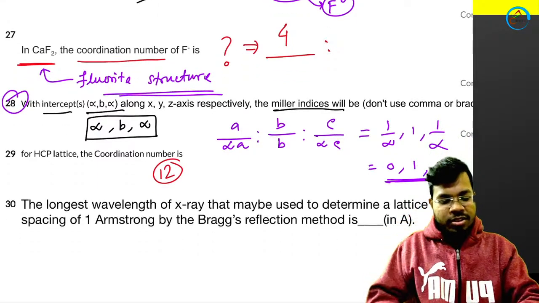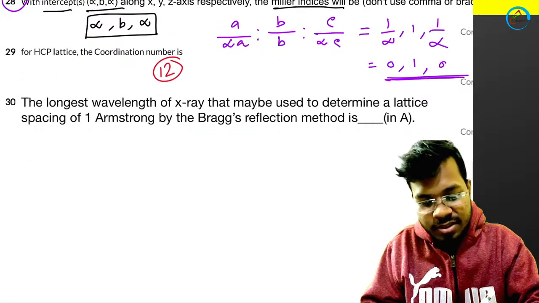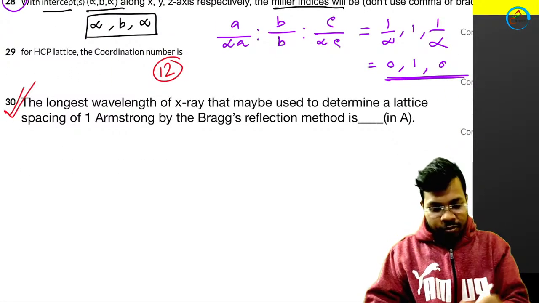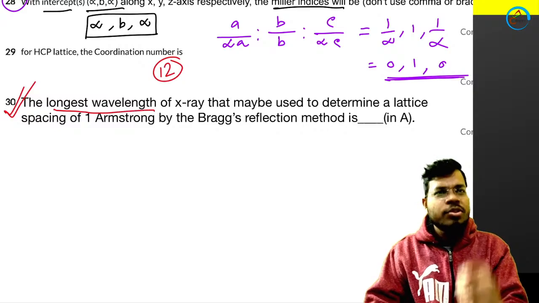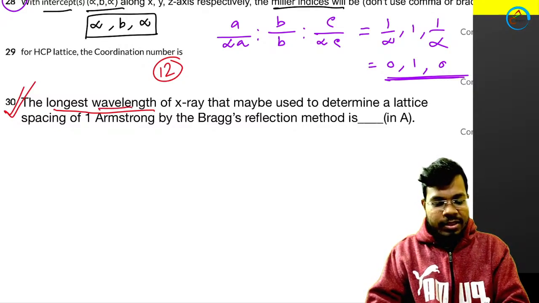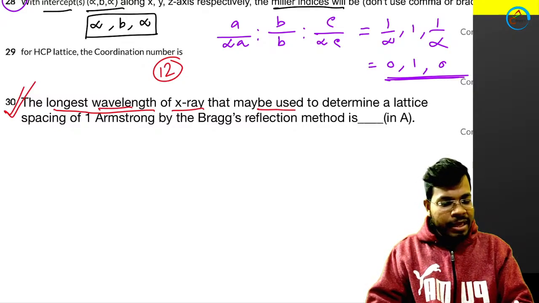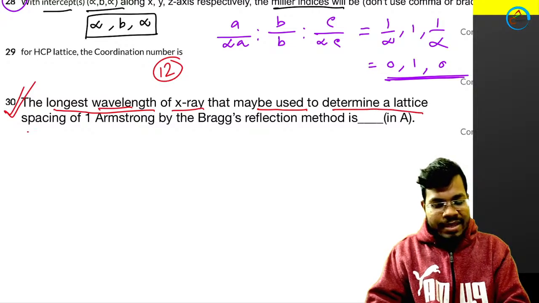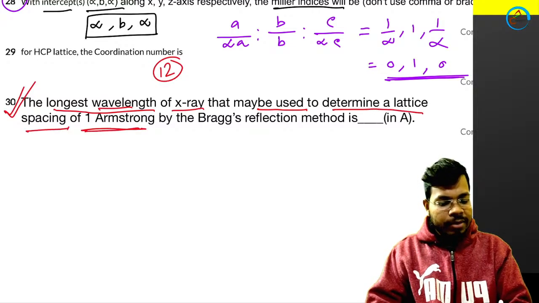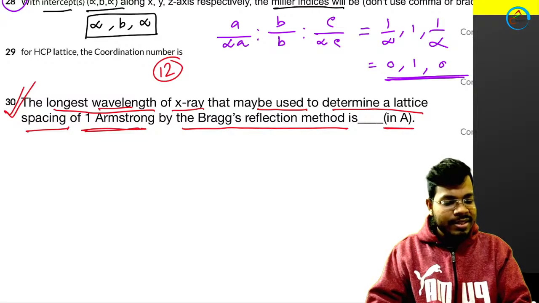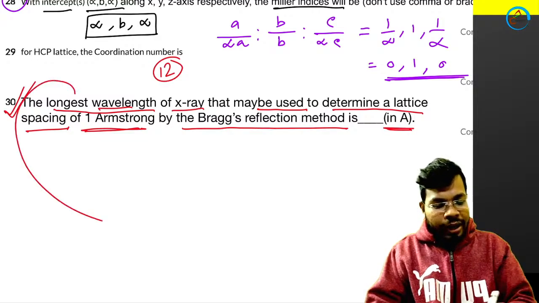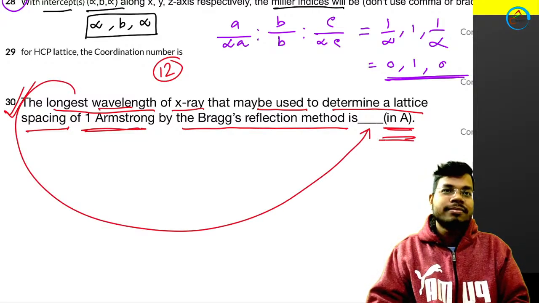Now, the last numerical type question. I am asking for the longest wavelength. This question is very interesting. The longest wavelength of X-ray that may be used to determine a lattice spacing of 1 Angstrom by Bragg's reflection method. You have to calculate the longest wavelength in Angstrom.